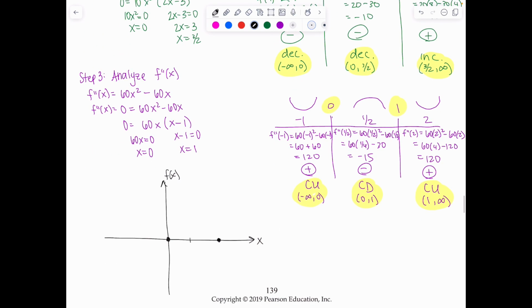So our minimum will be at x equals 3 over 2, and then it will switch to concave up and increasing. So decreasing, concave up, decreasing, concave down, minimum, increasing, concave up. Something like that.